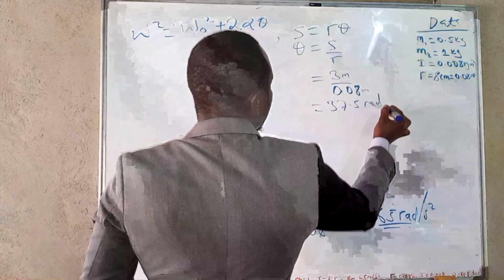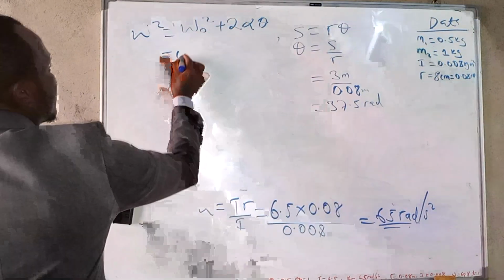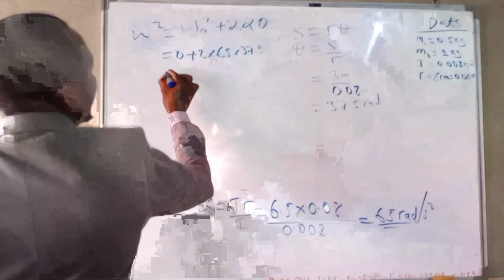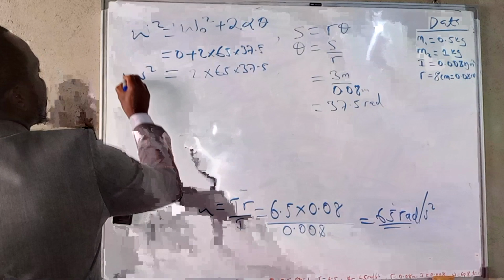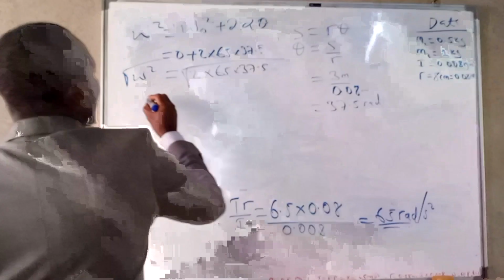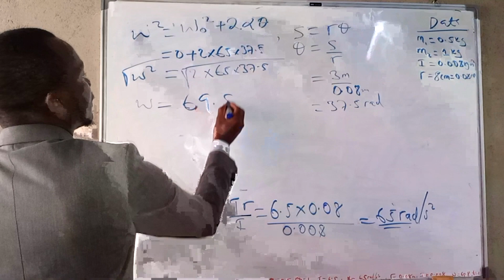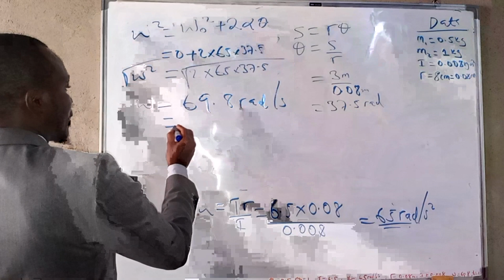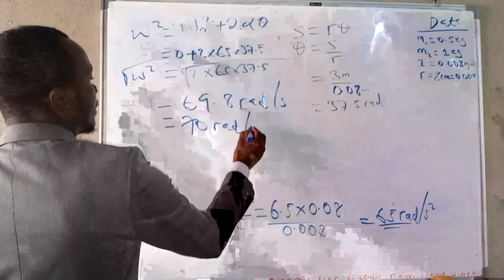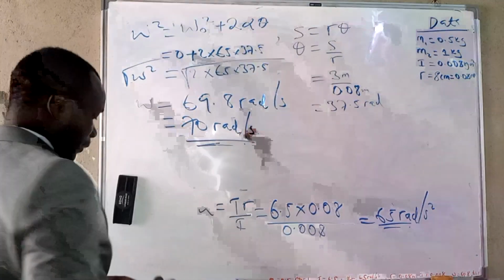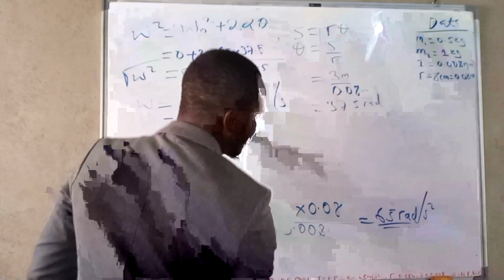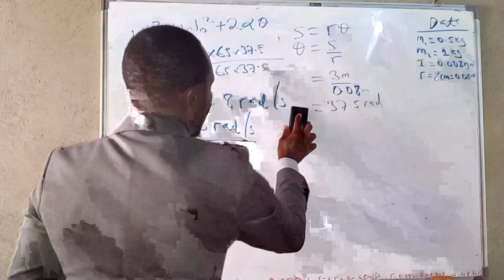Putting in this equation, we have 0 plus 2 times 65 times 37.5. Introducing square root to both sides, we get 69.8 radians per second, which can be rounded off to 70 radians per second. So this is the angular speed or the angular velocity.